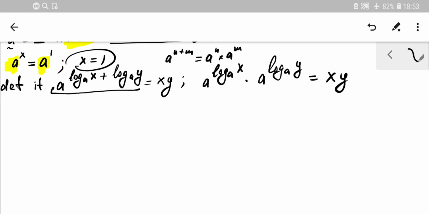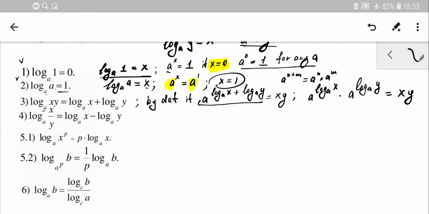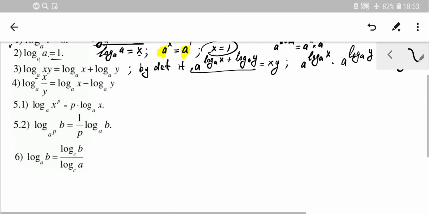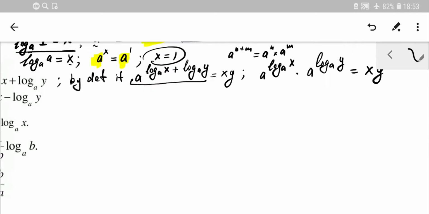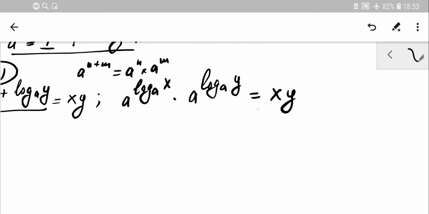All right, so what we're going to do next: if we raise a to the log a x, this is sort of another property, and actually, let me see. Okay, we don't have it here amongst the properties, but we know that a to the power of log a x should always give you x. That's by the property of the inverse function.